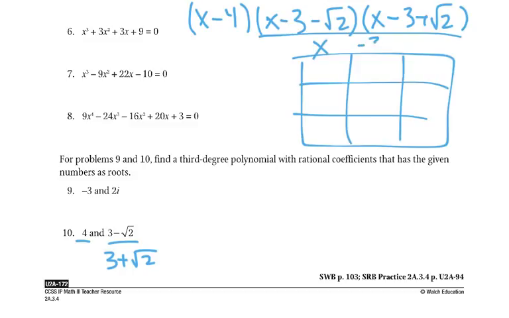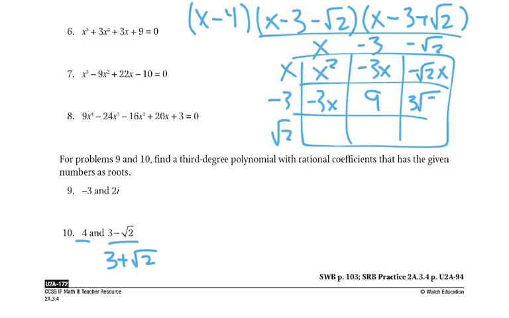So x, negative 3, negative square root of 2, x, negative 3, square root of 2. So x squared, negative 3x, negative square root of 2x, negative 3x, positive 9, positive 3 square roots of 2, square root of 2x, negative 3 square roots of 2, and negative square root of 2 squared.